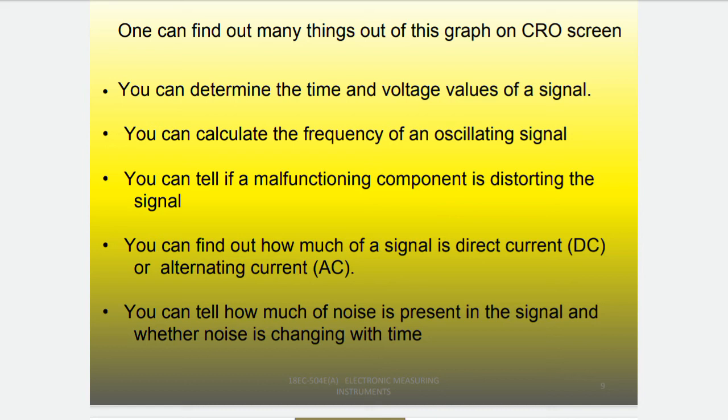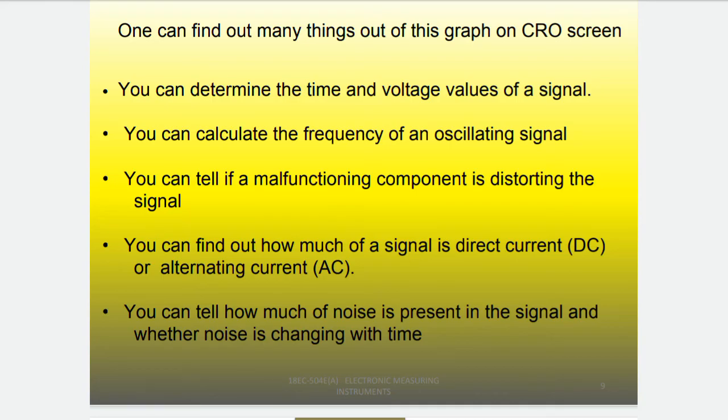Hence it can be used to tell whether the component is working correctly or not. Also by using this graph you can find out how much of a signal is DC, that is direct current, or how much of a signal is AC. You can tell how much noise is present in the signal and whether the noise is changing with time.